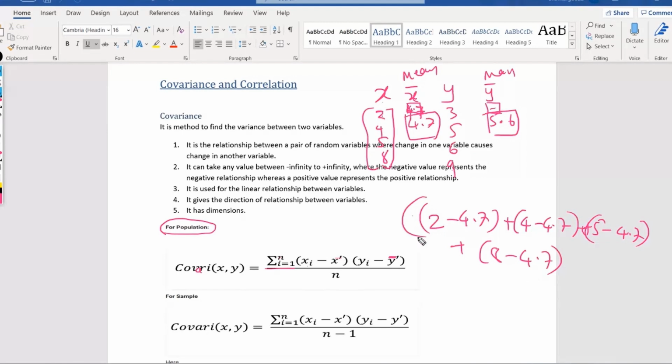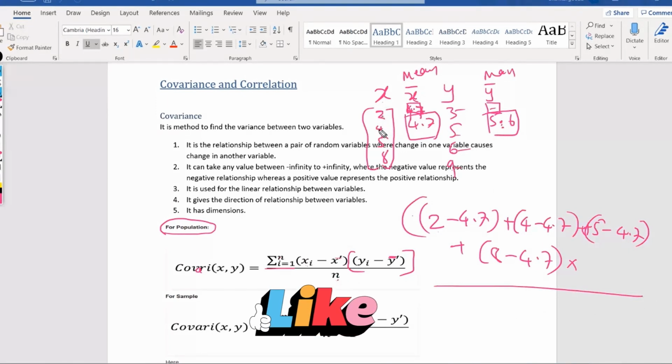So that is for the x, right? And multiply. Now I'm going to take the y data. Similarly, I'm going to take 3 minus 5.6, 5 minus 5.6, 6 minus 5.6, 9 minus 5.6. So divided by n, the number of observations. How many observations do I have? 1, 2, 3, 4, divided by 4. Right? So whatever number I find, that is basically the covariance of x and y.